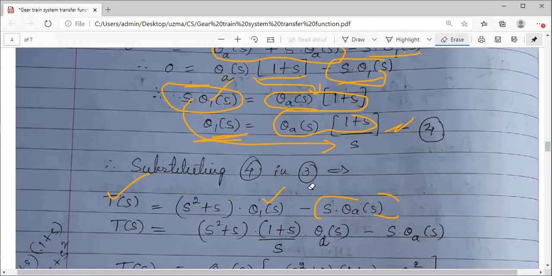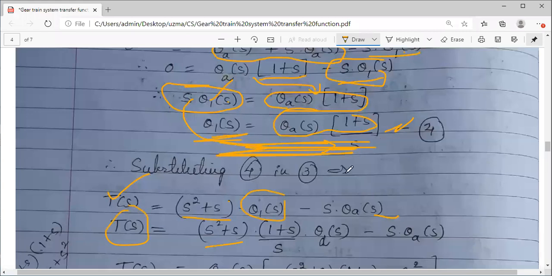Now I have to go for substitution. T of S, S squared plus S as it is. Instead of theta 1 of S, let me substitute equation 4, that is (1 plus S) theta A by S. This is your substitution, minus as it is.